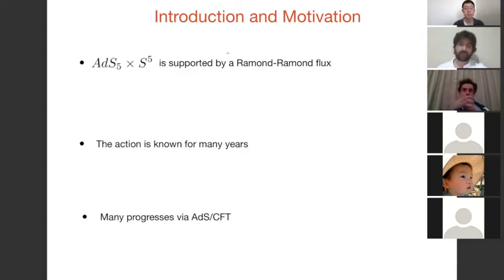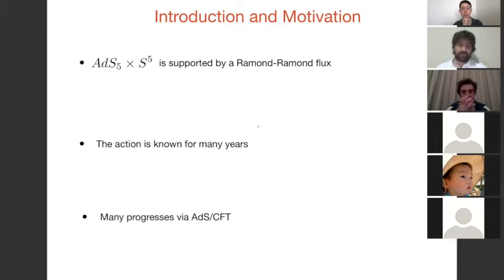So there is some progress. But in this talk, I will focus on the pure spinor formalism, and I have to say that the action of the pure spinor formalism in AdS5 and S5 is known for many years, like 20 years. And only now the vertex operators were constructed. There is some history.